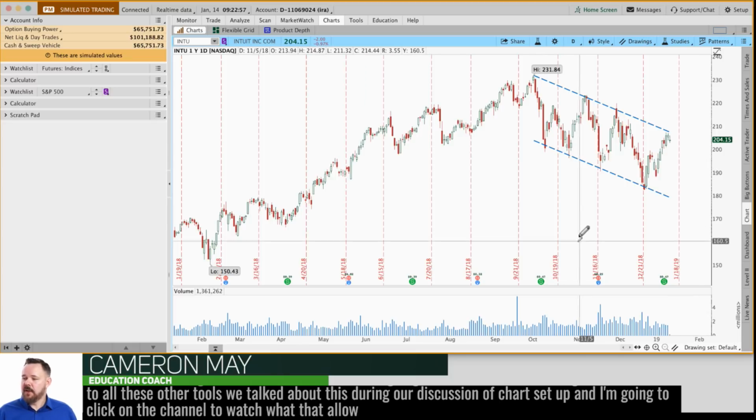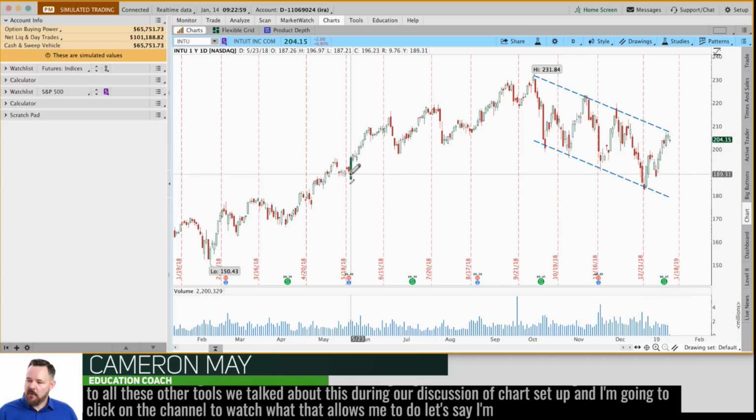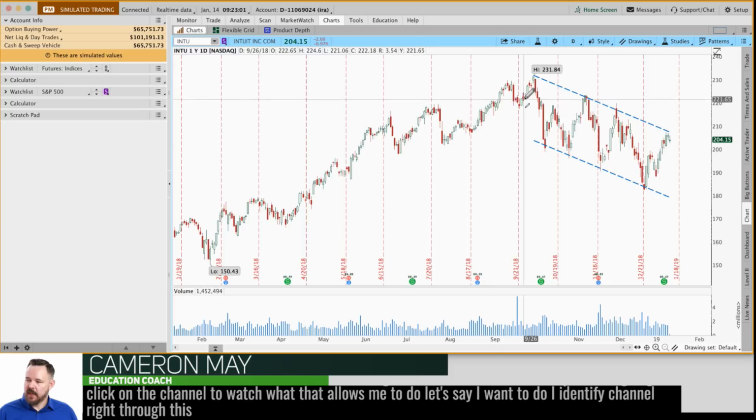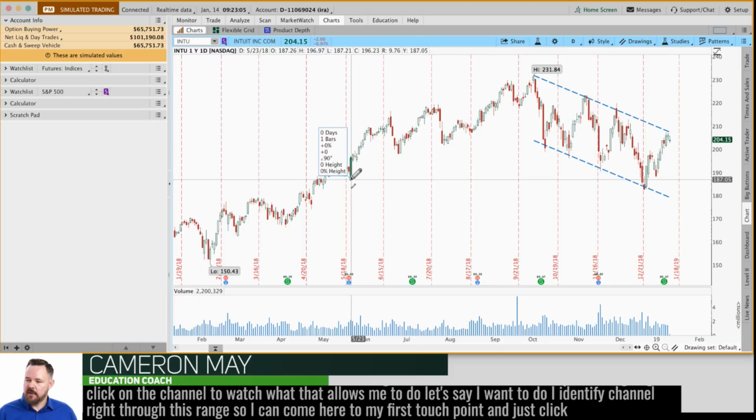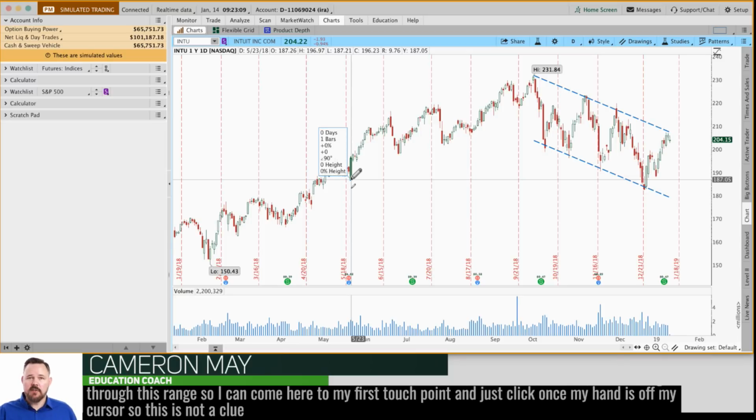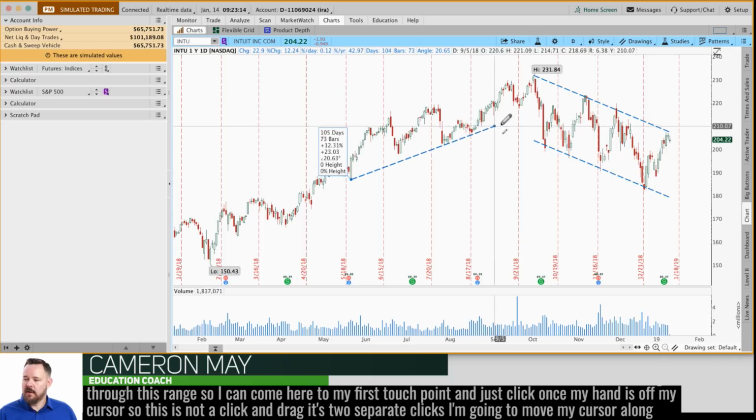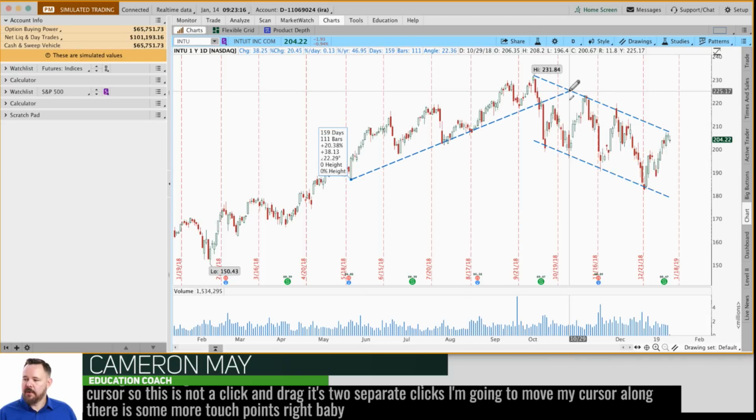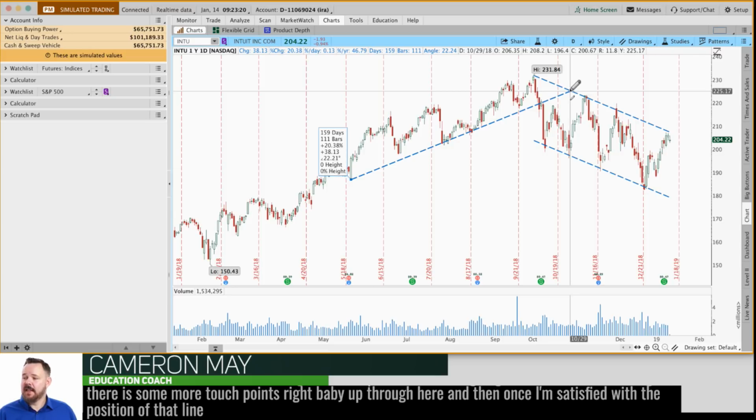Watch what that allows me to do. Let's say I wanted to identify a channel right through this range. So I can come here to my first touch point and just click once. Now my hand is off my cursor, so this is not a click and drag, it's two separate clicks. I'm going to move my cursor along. There are some more touch points, maybe up through here. And then once I'm satisfied with the position of that line, I click again, and that sets that first line.